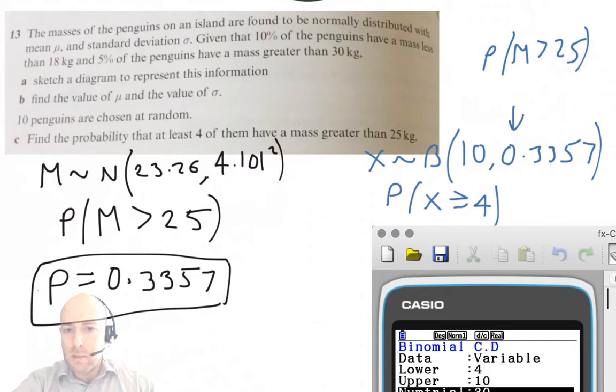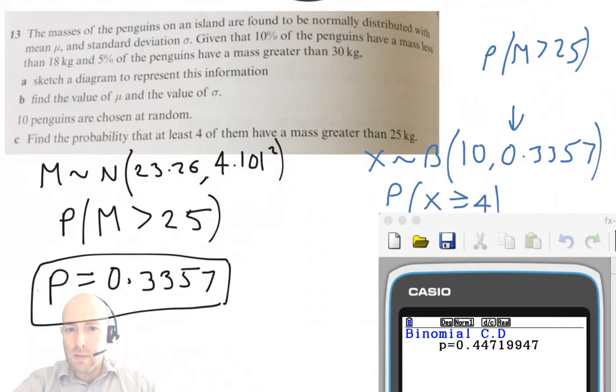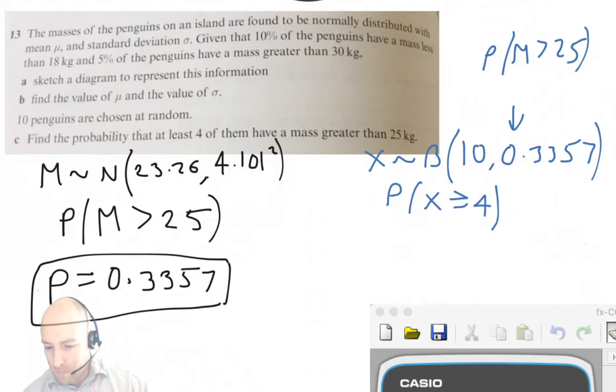Number of trials, there's 10 penguins, and the probability of success 0.3357. Cool. Execute, and we get our probability is 0.4472, which is slightly different from what I thought earlier, but I have tweaked everything very slightly there. So yeah, 0.4472.